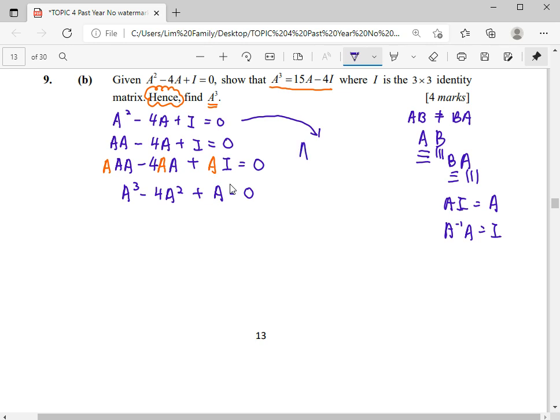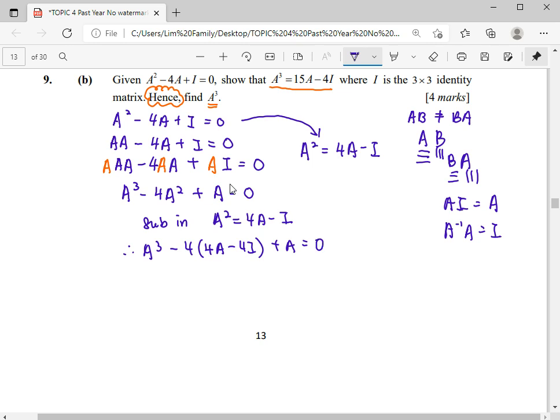We can substitute A squared equals 4A minus I. So we substitute here: A squared equals 4A minus I, so that A cube will become the new form of the equation like this. Then we expand.